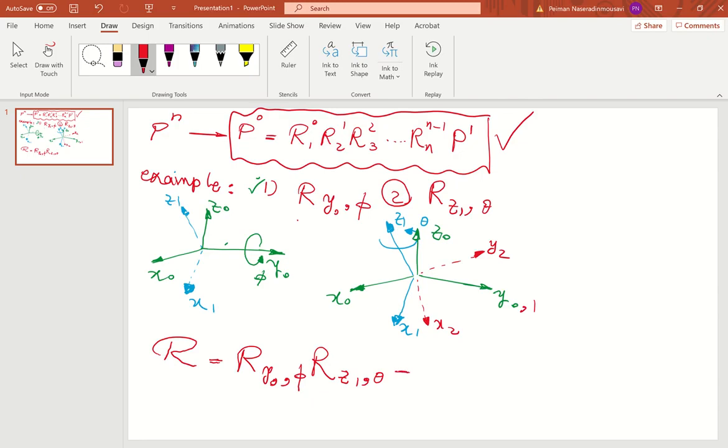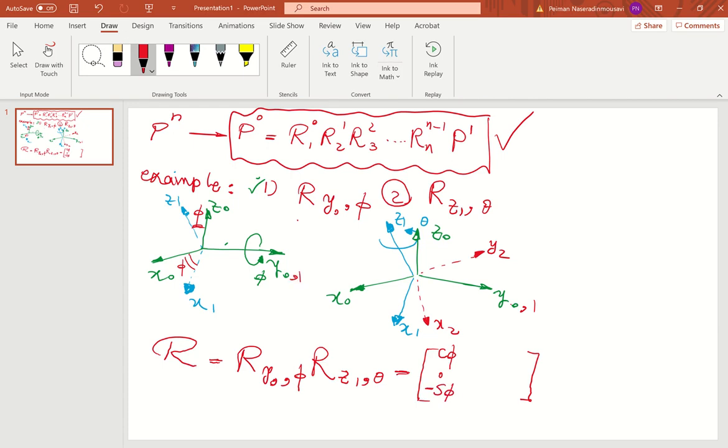If you calculate one by one, because these are 3D rotations, you see the directional cosines. So x1 with respect to x0 is going to be cosine phi. x1 with respect to y0 is 0 because this is normal, and with respect to z0 it's minus sine phi from trigonometry.